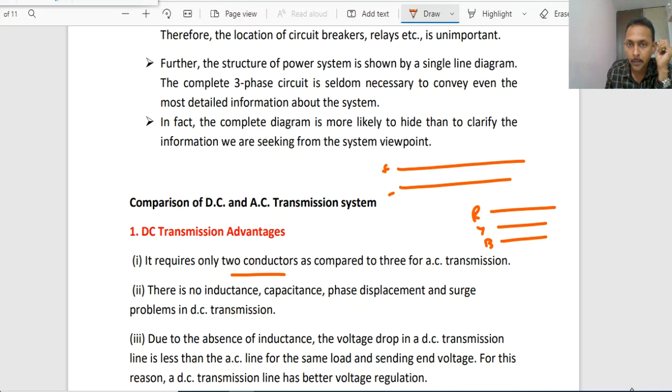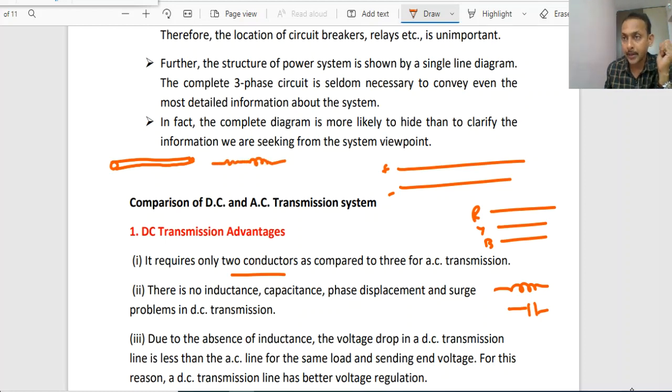Moreover, with respect to DC, between the two lines there won't be any inductance, capacitance or phase displacement problems. So that is one added advantage. If it is AC, the lines themselves, even though they are conductors, are going to have some resistance and reactance.